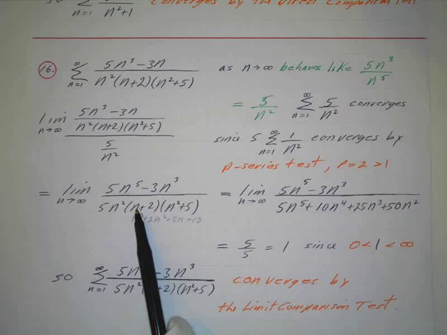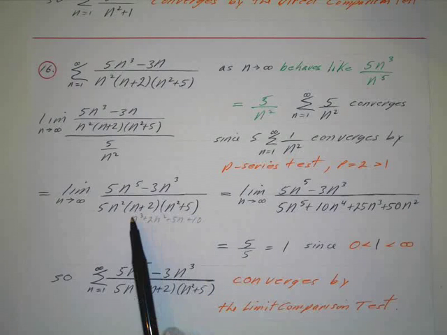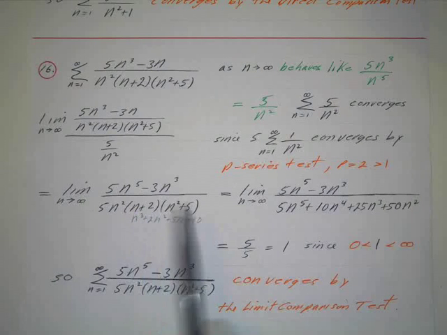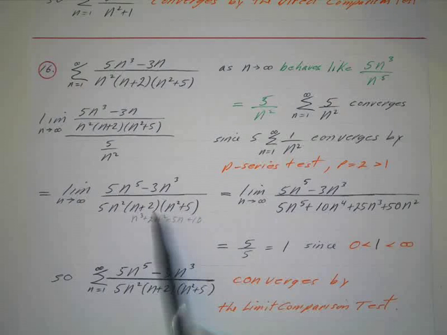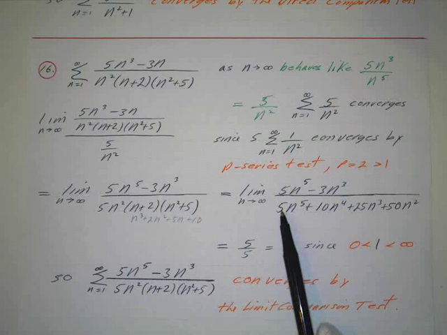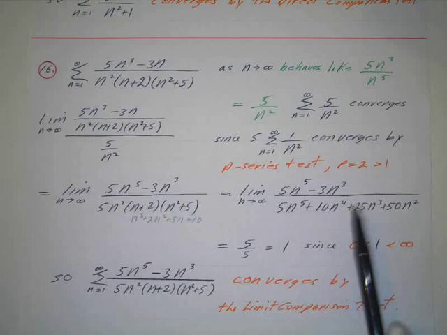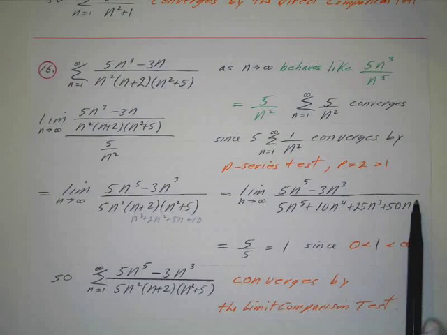I multiplied the binomial times the binomial, FOILed it out, and got four terms: n cubed, 5n, 2n squared, and 10. I multiplied each of those four terms by 5n squared, and this is what I got: 5n to the 5th plus 10n to the 4th plus 25n to the 3rd plus 50n squared.